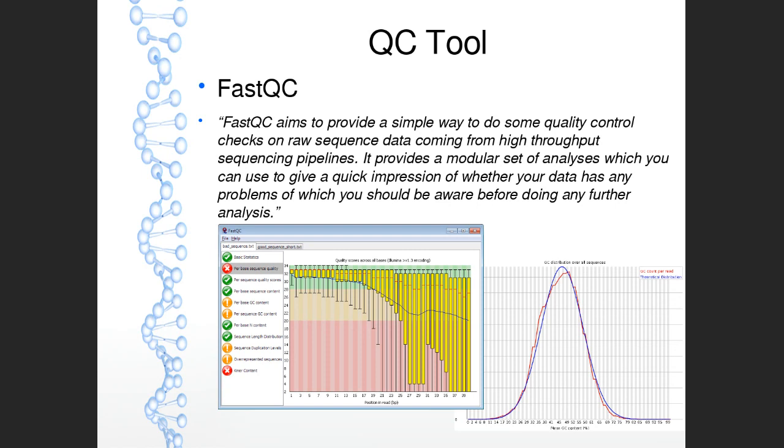The official blurb is that FastQC aims to provide a simple way to do some quality control checks on raw sequence data coming from high throughput sequencing pipelines. It provides a modular set of analyses which can be used to give you a quick impression of whether the data has any problems of which you should be aware before doing any further analysis. So, repeating myself slightly there, this is a tool that allows us to assess quality before going on.